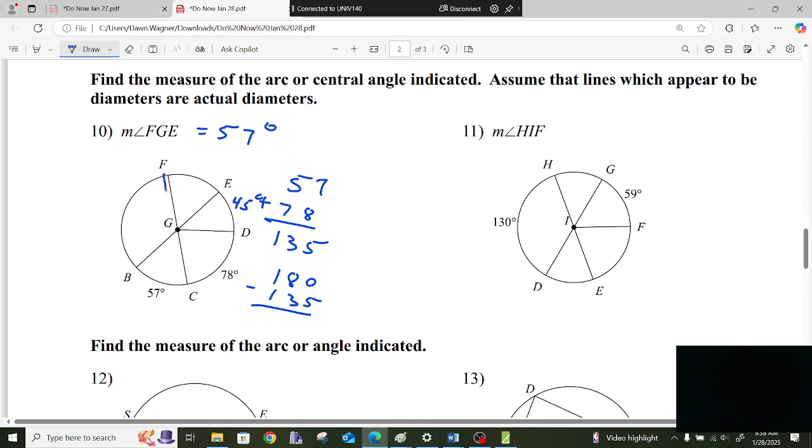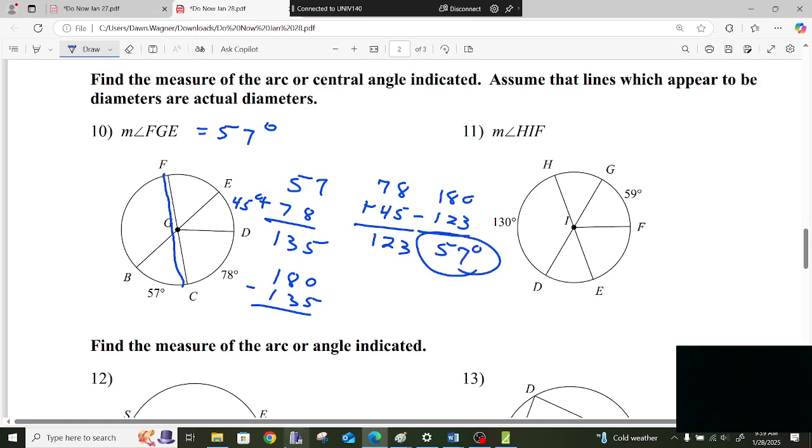Because then you have this diameter here, right? Do you see this piece here? Then you could just add these two together and subtract it from 180. So 78 plus 45 is what? And then subtract that from 180. See how math is beautiful? I could do it different ways and get the same answer.